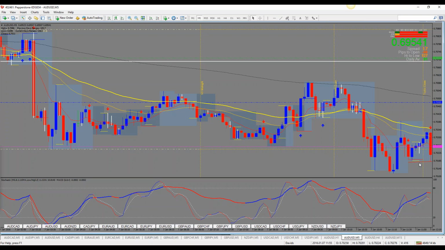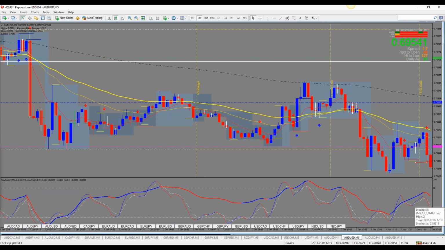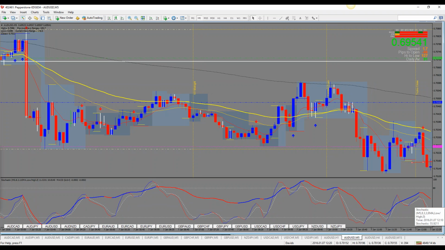There we are. All right, I'm going to go into it there. Stochastics and my MACD are just confirming that it's a good trade, and it was a good trade. Boom, there it is. Had my 3 to 5. Yep, got my 3 right there and got out.